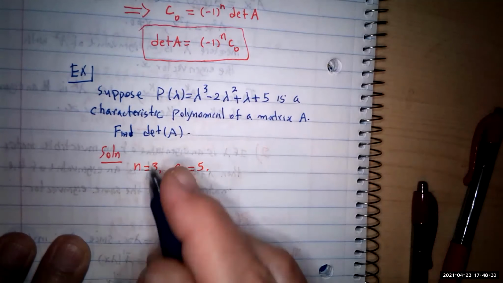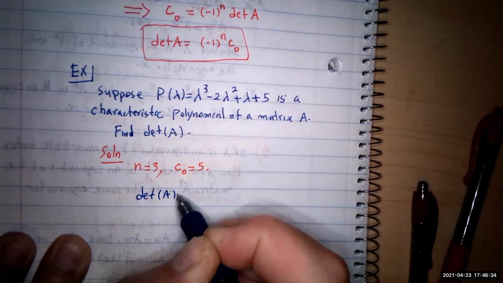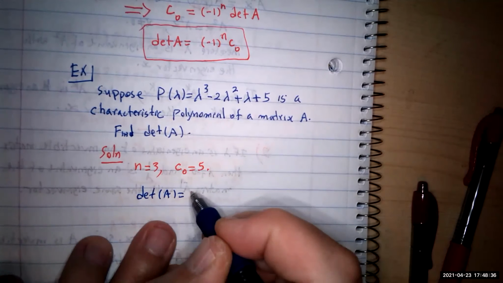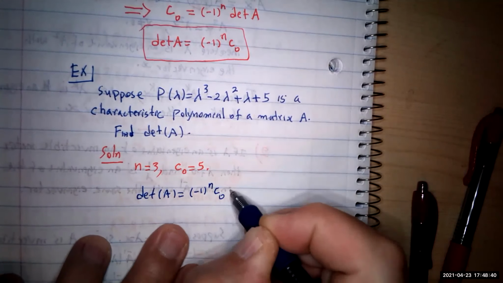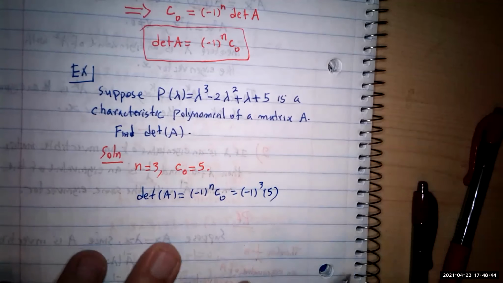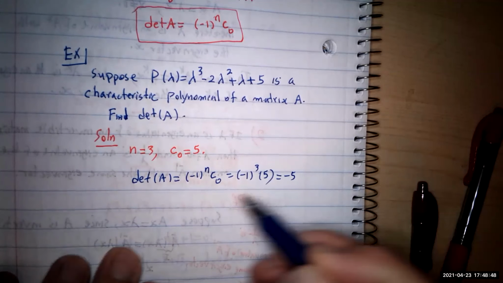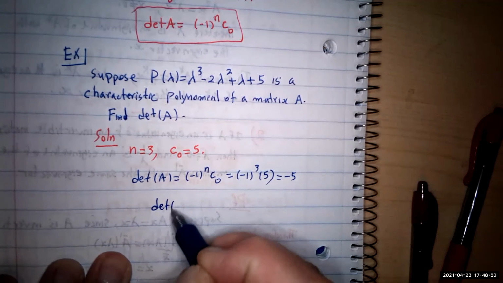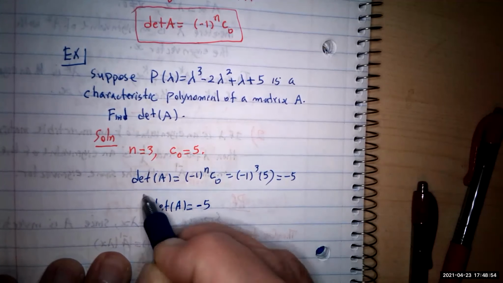So now you have the determinant of A, which is (-1)^n times C0. So it's going to be (-1) to the third times 5. (-1) to the third would be -1, so that gives you -5. So the determinant of your matrix is simply -5.